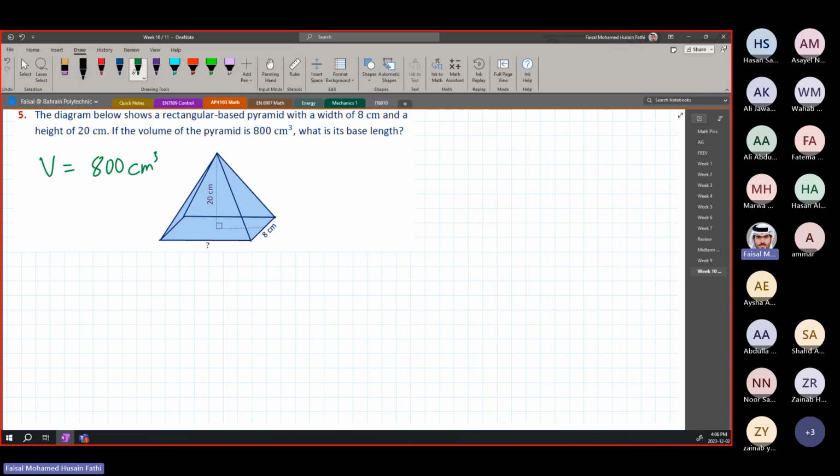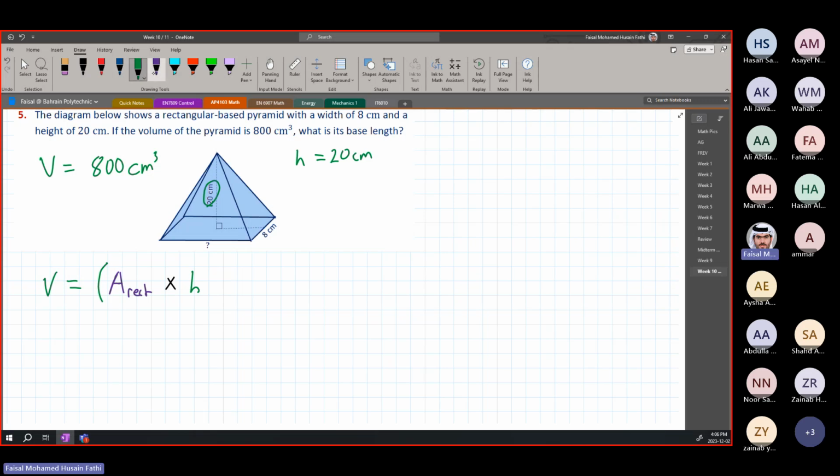So, equation of volume. What is volume? Volume is the area of the base, so in this case, the area of the rectangle, times the extended height. In this case, it's the 20 centimeters, so H. So I'm just going to write that H is equal to 20 centimeters.